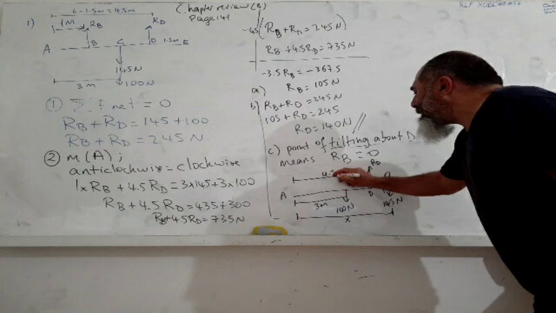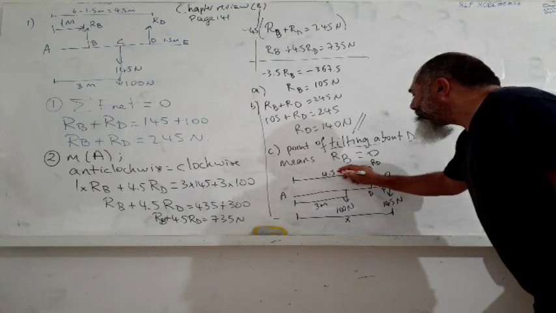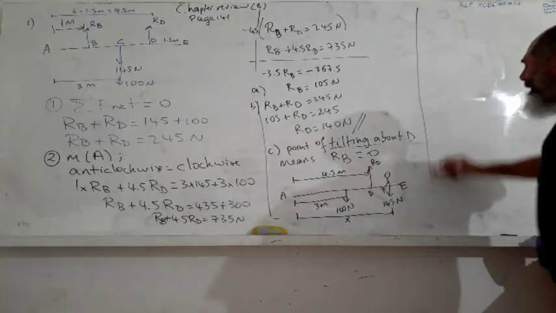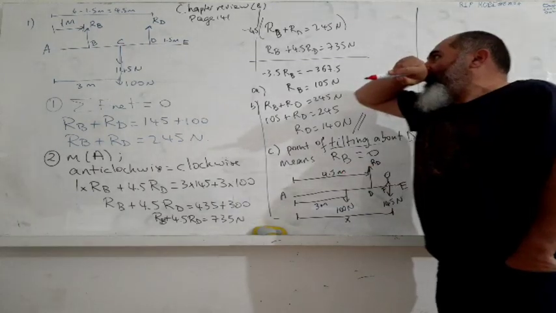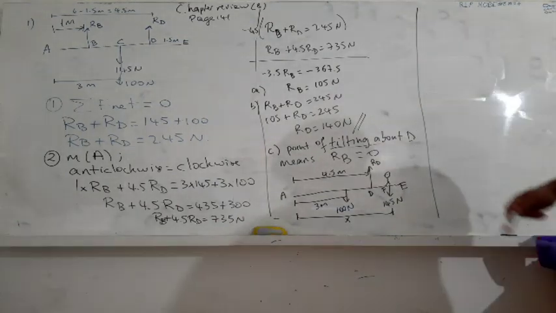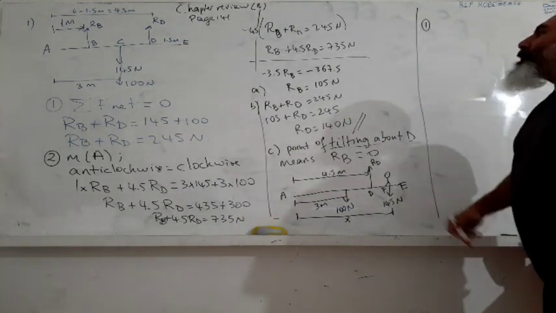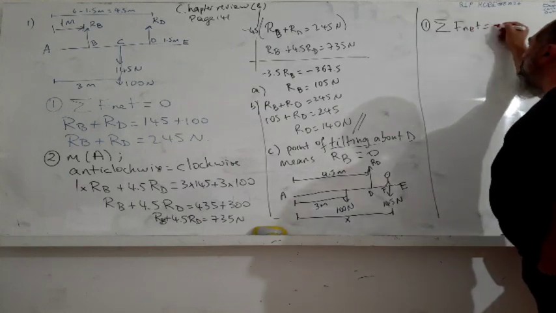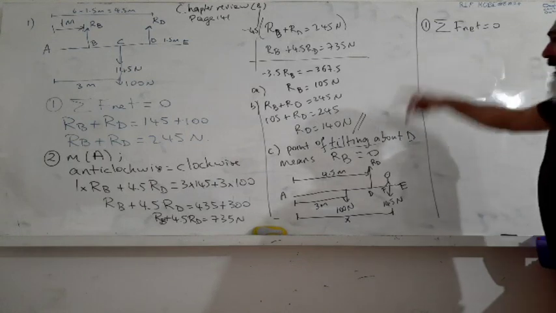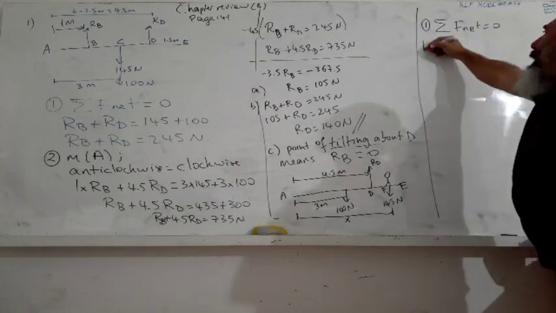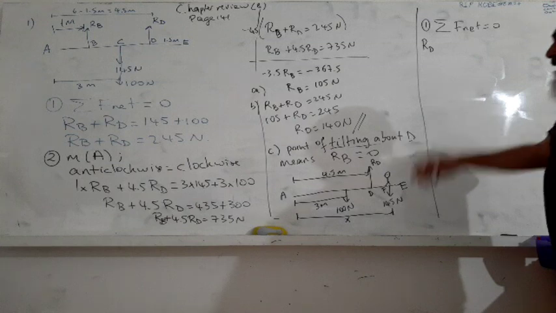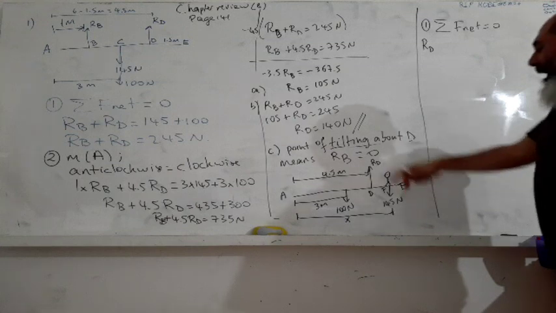So we have a new situation here because RB is not anymore in our system. So we have to apply our two rules for equilibrium. F net must be 0. So we have one force pointing upwards and two forces pointing downwards, center of mass and weight of the child.